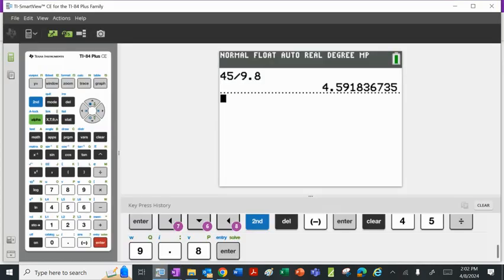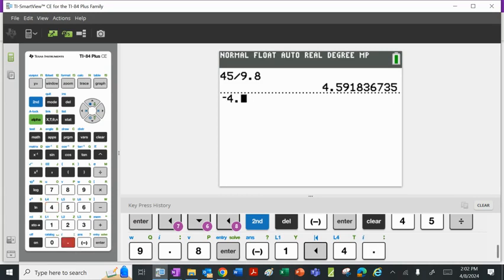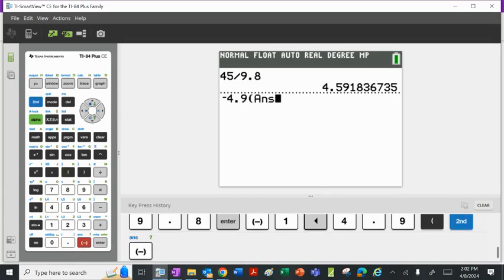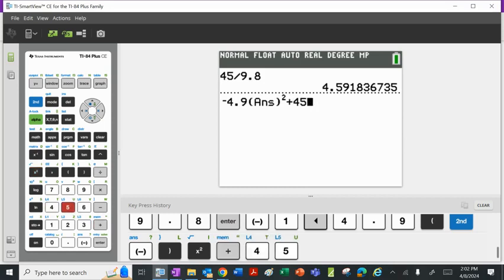The first time I calculated this, I forgot that negative and got a completely wrong answer. So negative 4.9. Okay, and now I'm going to insert the answer, and I'm going to square that. Then I'm going to do plus 45 times, again, insert the answer, and then I'm going to do plus 2.